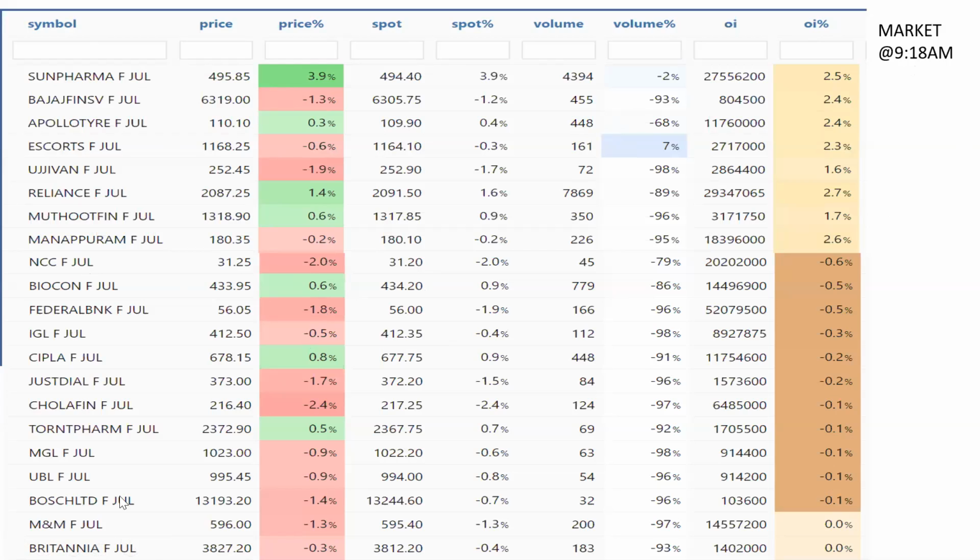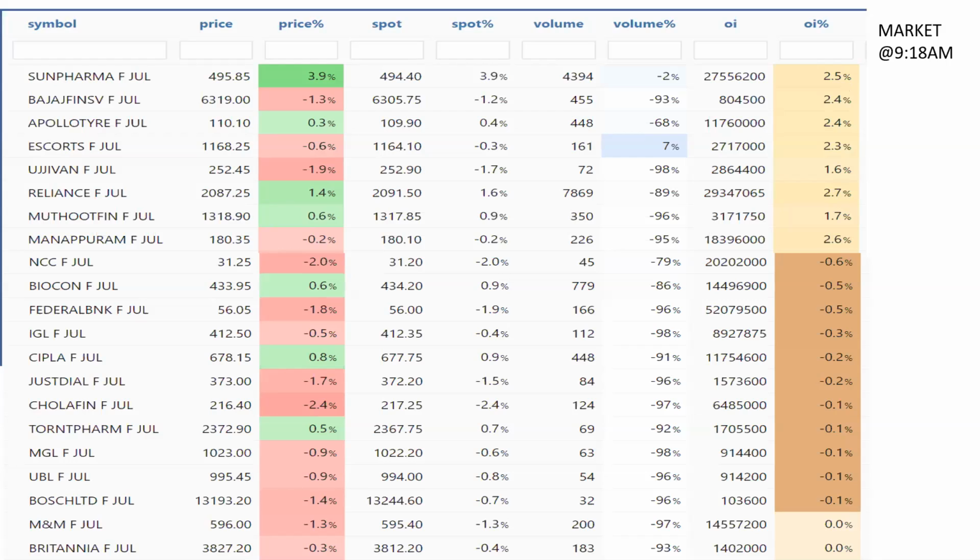So for this session, what I did, I picked up two bullish, two bearish, one short covering and some long unwinding stocks, because market was on the bull run. So I hardly got many long unwinding or many short covering stocks at that moment. So what I did, I had Sun Pharma; the highest open interest at that time was Reliance.